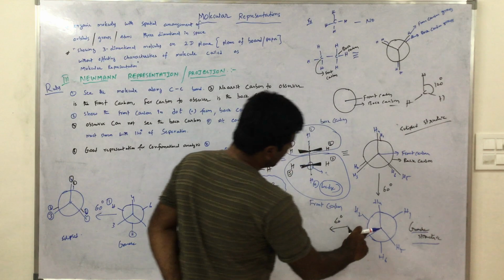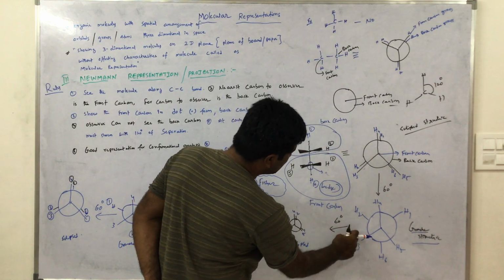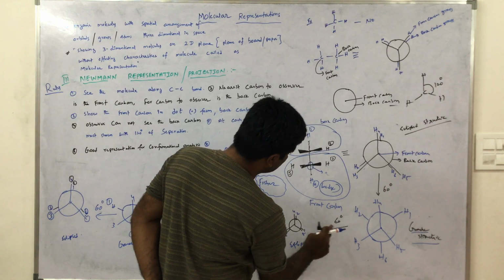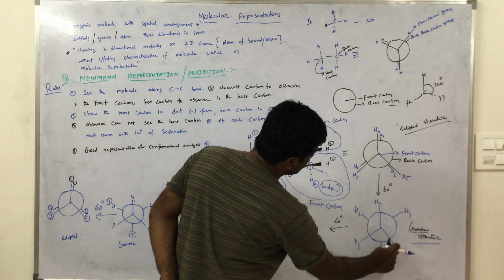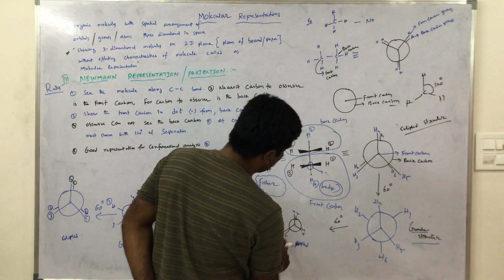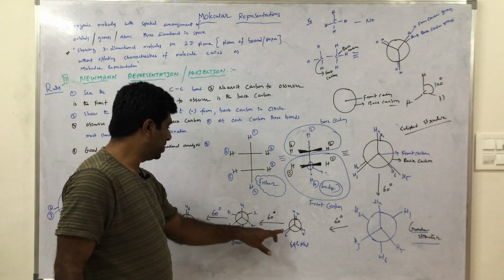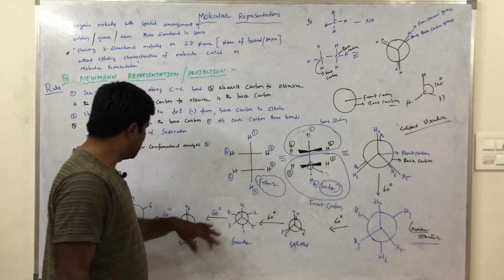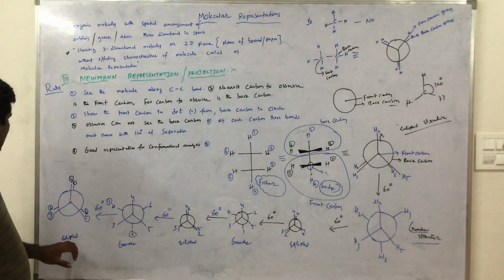Again the back carbon rotates 60 degrees: H2 comes here, H1 comes here, H6 comes here. Again this is eclipsed. Again 60 gauche, again 60 eclipsed, again gauche, again eclipsed.